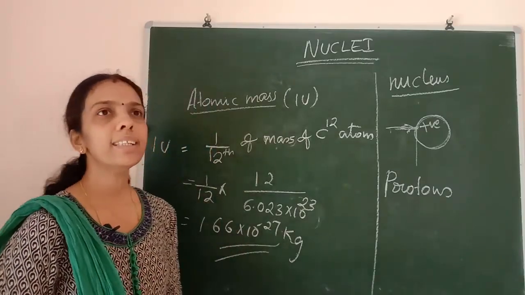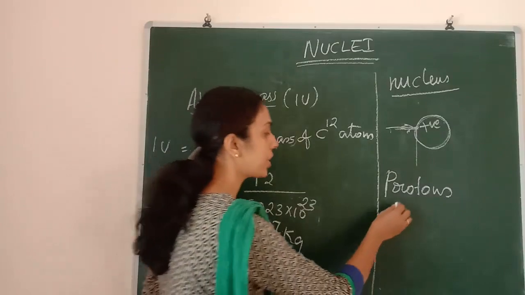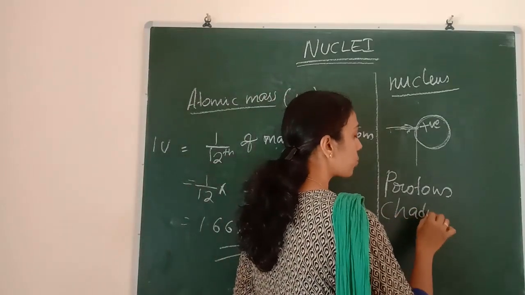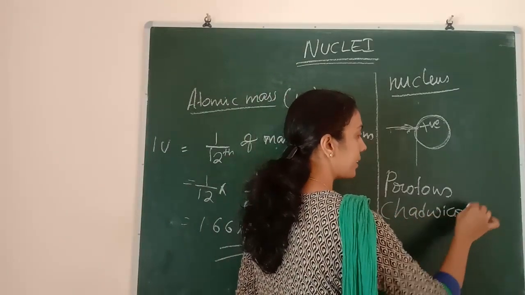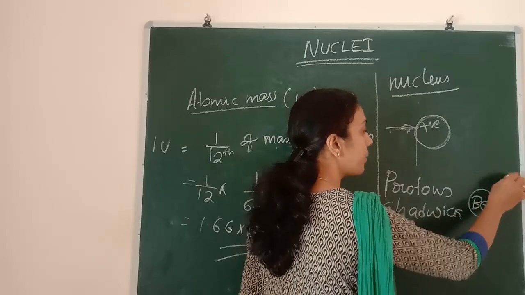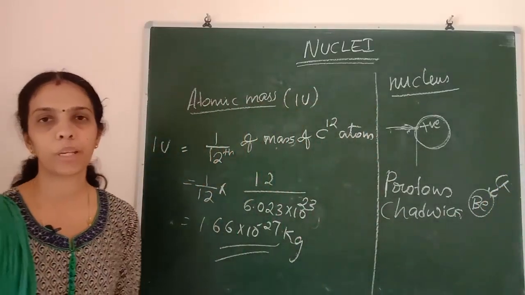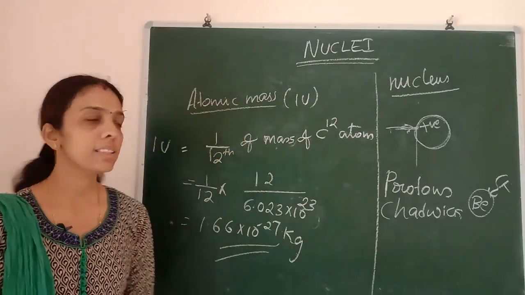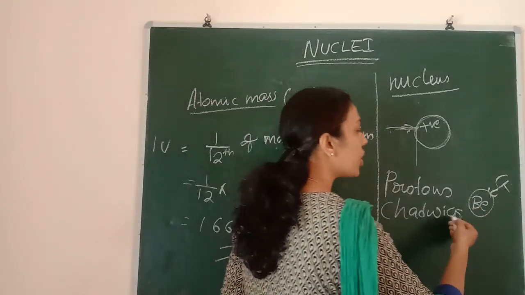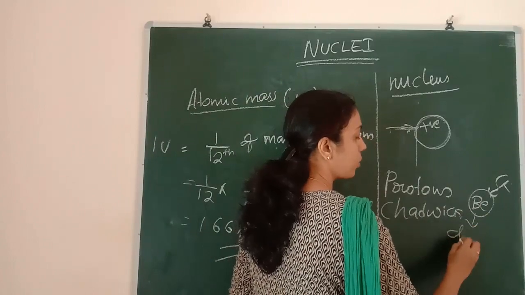But when the scientist Chadwick was doing experiments bombarding beryllium with alpha particles, he understood that some chargeless particles were coming out.